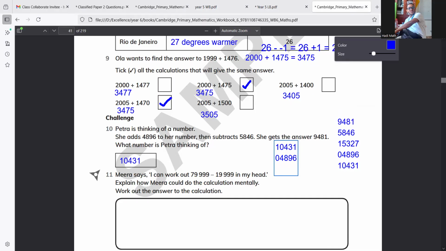This will be equal to 1 plus 6 is equal to 7. Then 3 plus 9 is equal to 12. 2, you carry over 1. And this equals 13. 3, you carry over 1. And this equals 5. And this equals 1. Then subtract the other number, which is 5,846. Then see, like 7 minus 6 is equal to 1.